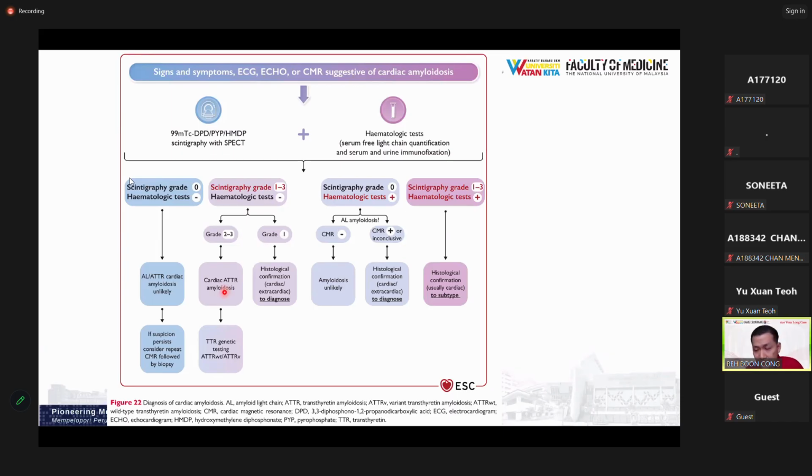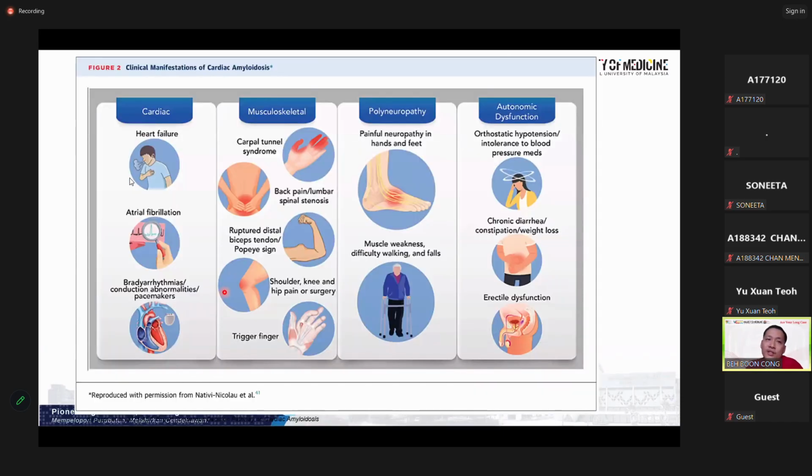Compared to the other conditions, amyloidosis, like what I say, you can present with any combination of this. So most of the time we will miss the cardiac amyloidosis. Why? Sometimes these patients present to orthopedic, or neurology. So you will miss this, and then you never think of whether it is amyloidosis or not, if they don't have a heart problem.